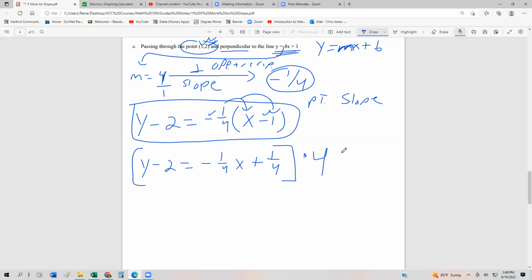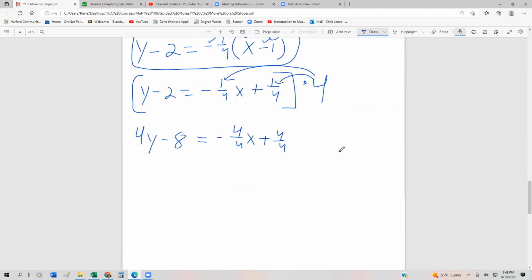And so if we do that, that's going to be 4y minus 8 equals negative 4 over 4x. So remember, we multiply the numerator by the 4, and we can say plus 4 over 4. That's going to simplify into 4y minus 8 is equal to negative x plus 1.